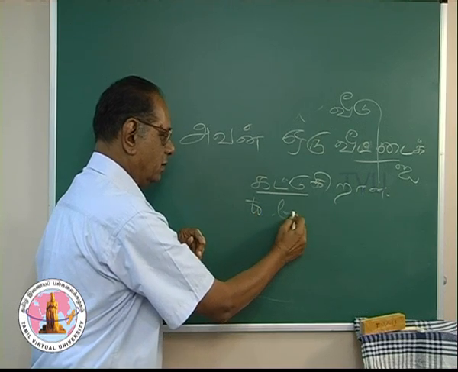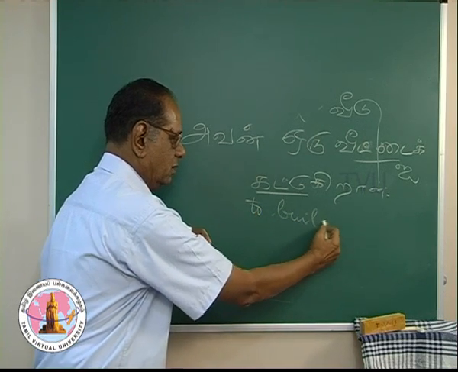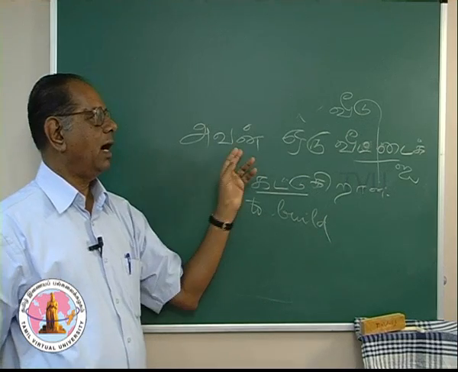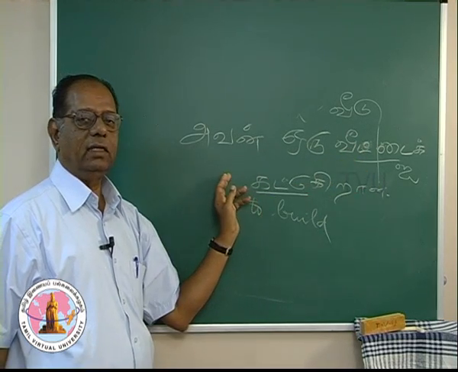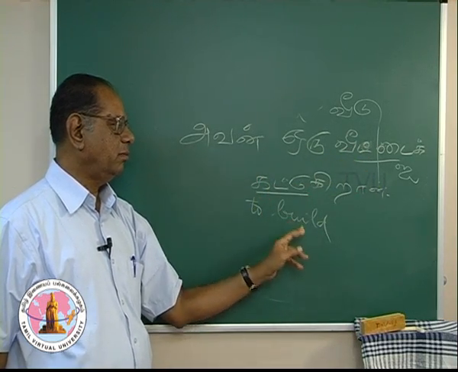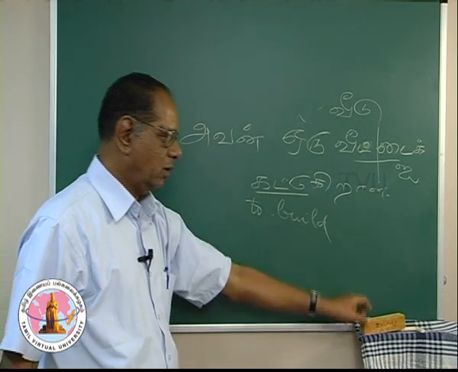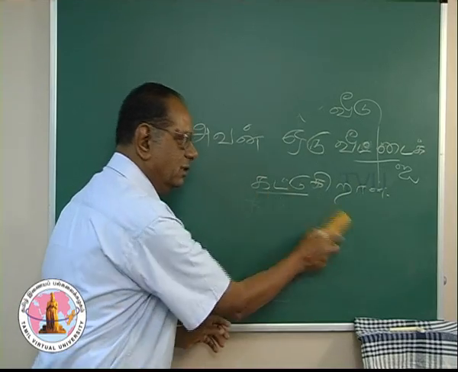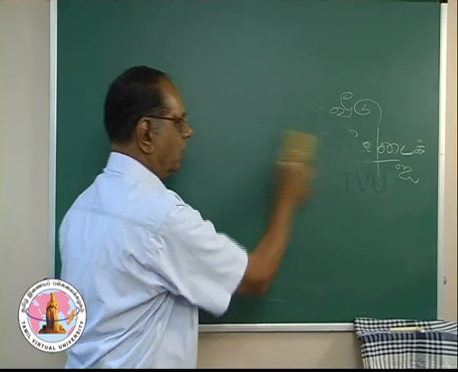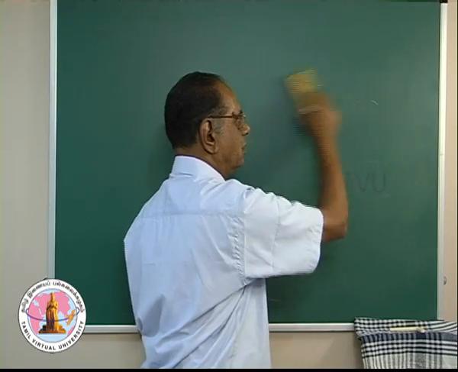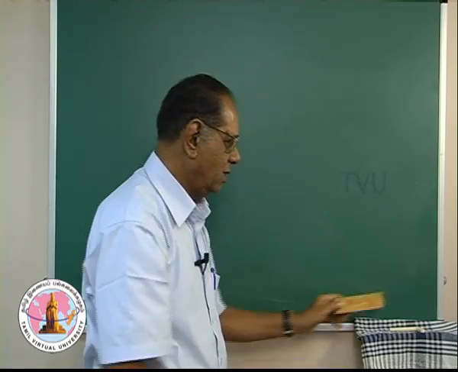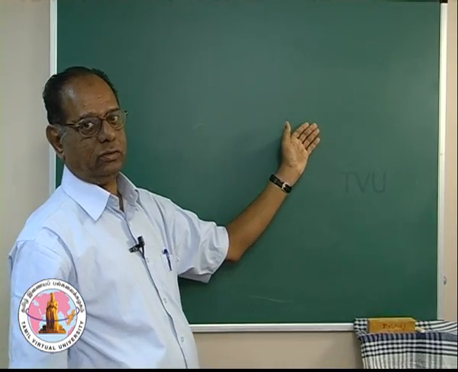To build, to construct. அவன் ஒரு வீட்டை கட்டுகிறான். He builds a house. This is the third example. A natural combination, an additional suffix and an internal change.